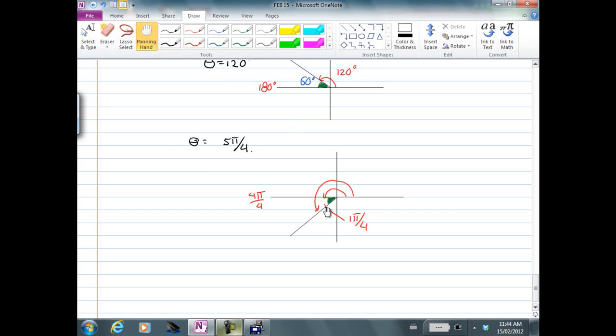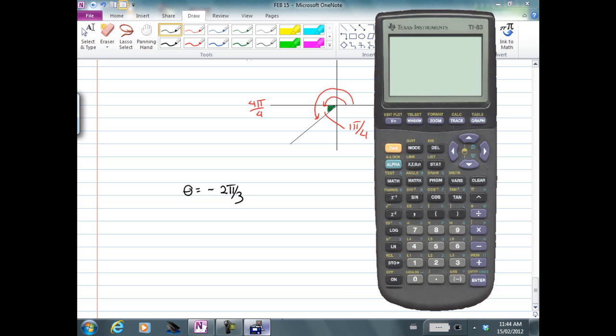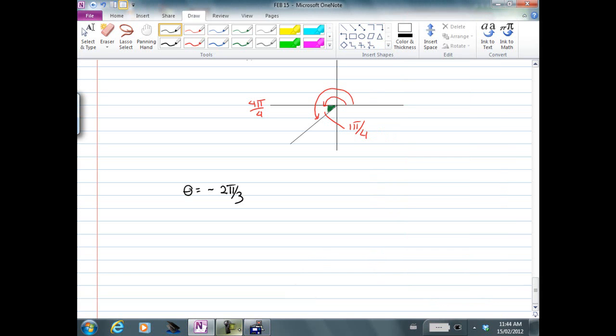Try this, a bit more challenging for you. Theta equals negative 2 pi by 3. Find the quadrant, and find the missing piece. Pi by 3? Pi by 3 is correct.